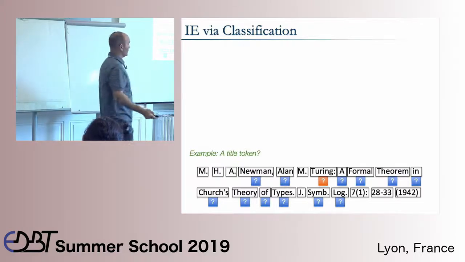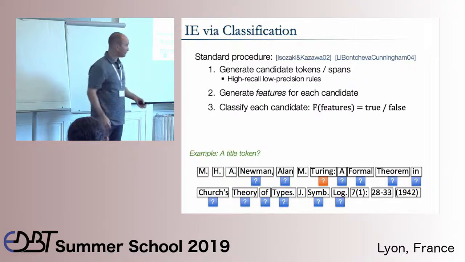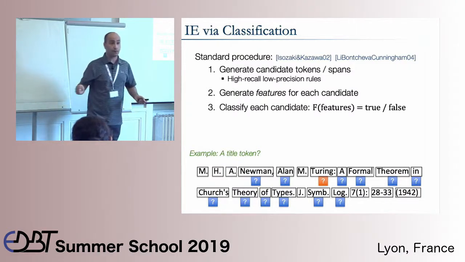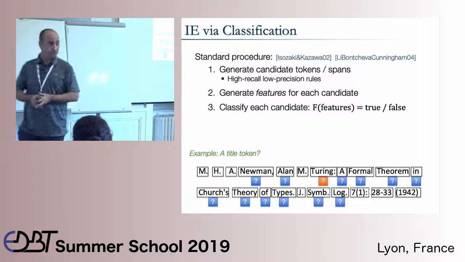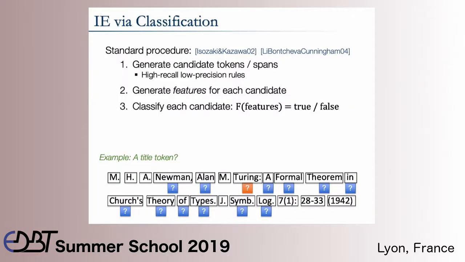So we can do what a lot of traditional machine learning does: extract some features about this token, which is part of a candidate set that you're generating. So you're generating features, and you're trying to classify the entity or the token based on the features, and to predict whether or not it is an author.